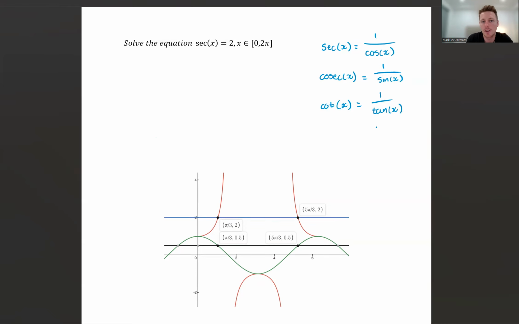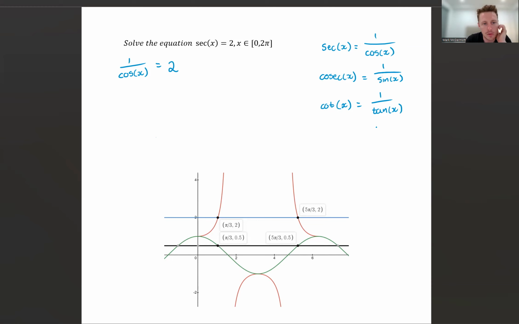Okay, so what we have here is solve the equation secant of x equals 2, where x is between 0 and 2 pi. Well, straight away we can write 1 over the cosine of x equals 2. Now if we do a bit of rearranging here, we can actually turn this into solving a regular trig function.